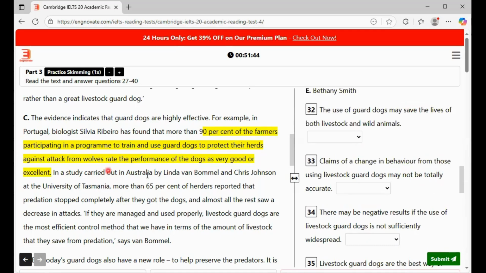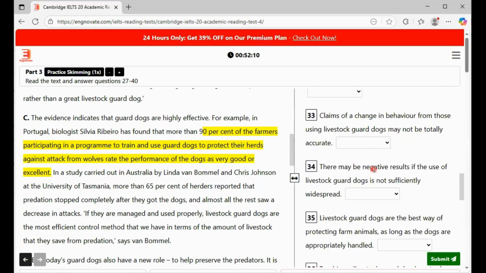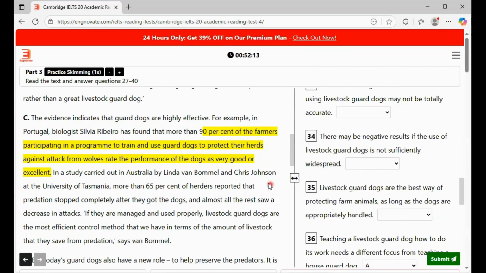In a study carried out in Australia by Linda Van Bommel and Chris Johnson, more than 65% of herders reported that predation stopped completely after they got the dogs, and almost all the rest saw a decrease in attacks. If they are managed and used properly, who is talking here? Linda Van Bommel. That's option C. Where is that place of if they are handled well? Number 35 is going to be C if they are handled well.